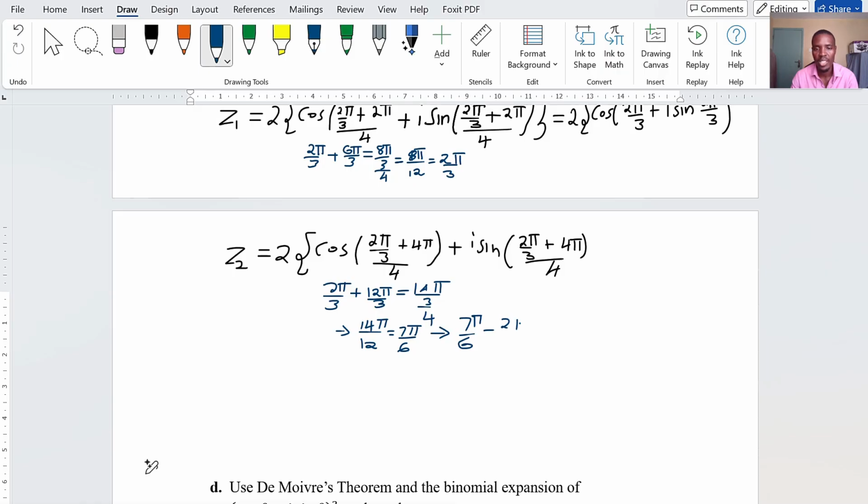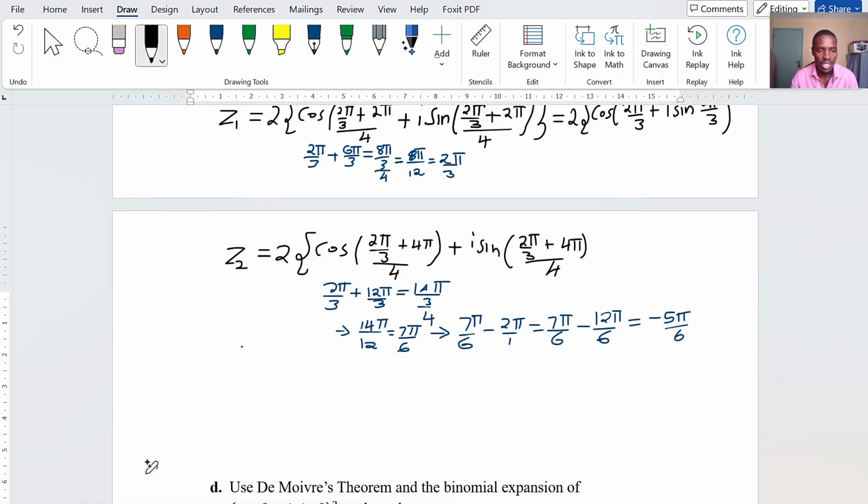We subtract 2 pi to return it to within the bound, which is just 7 pi over 6 minus 2 pi, which will be 12 pi over 6, so that we can subtract easily. And that will be negative 5 pi over 6.